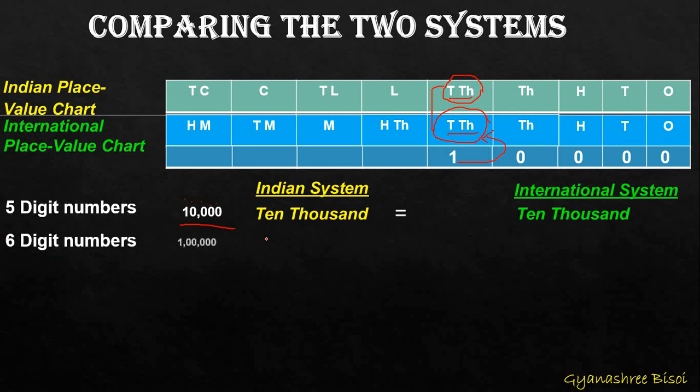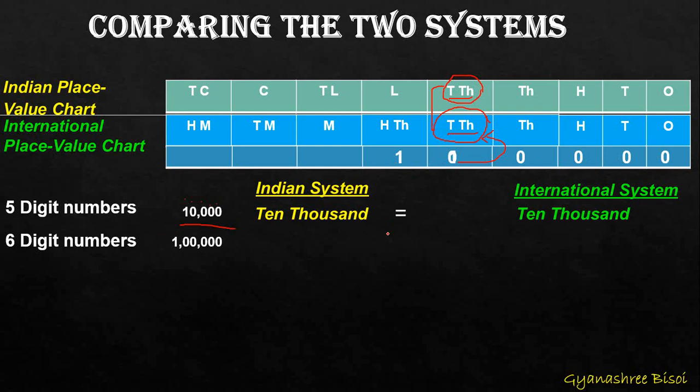Now, the 6-digit number is, what is this? 1 with 5 zeros, 6 digits. 1, 2, 3, 4, 5, 6. Now, let's place it in the chart. See, placed 1, 2, 3, 4, 5, 6. 6 digits. Correct?